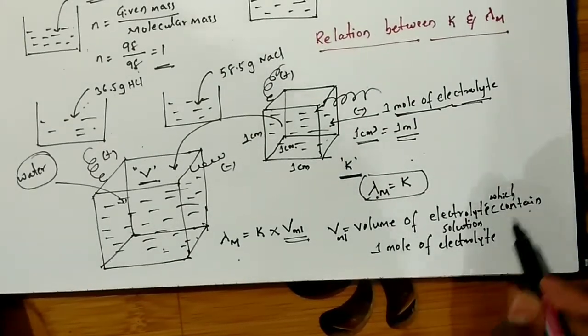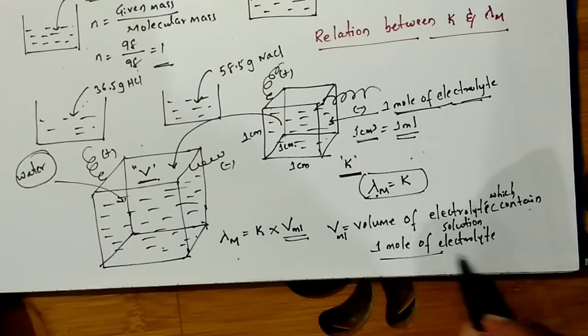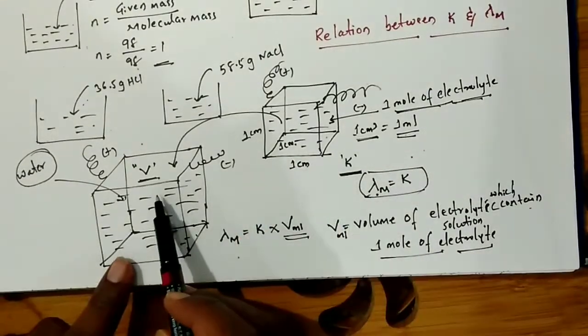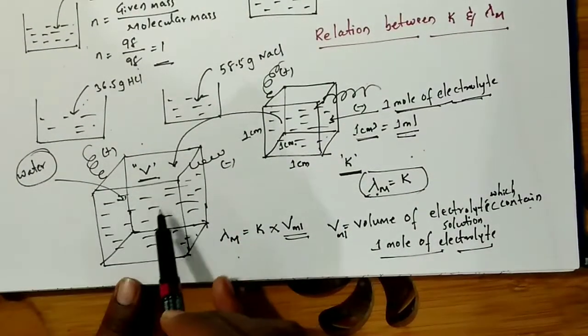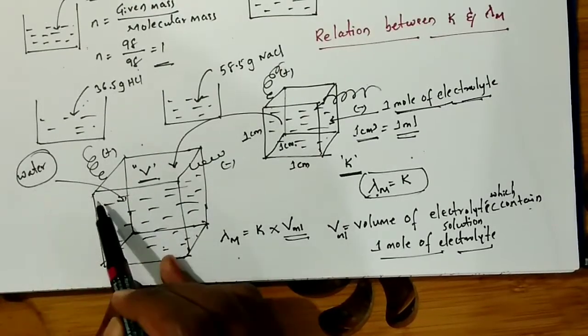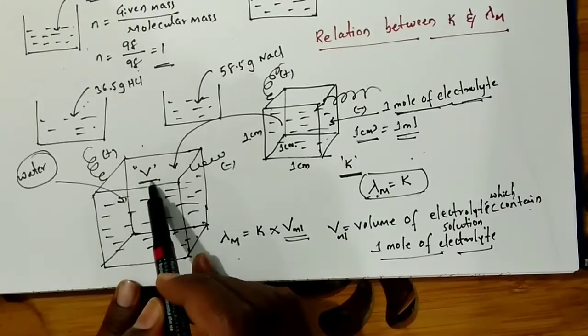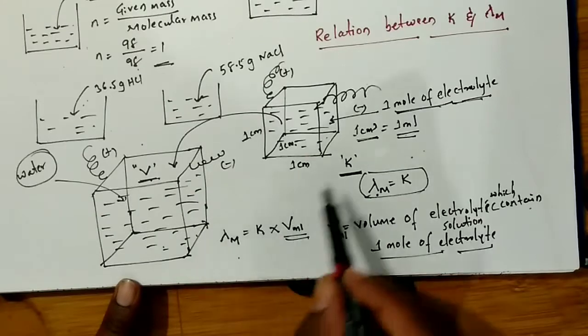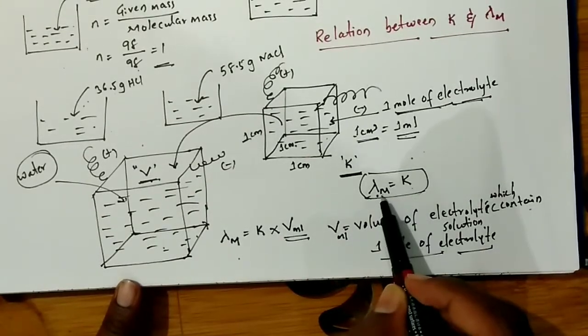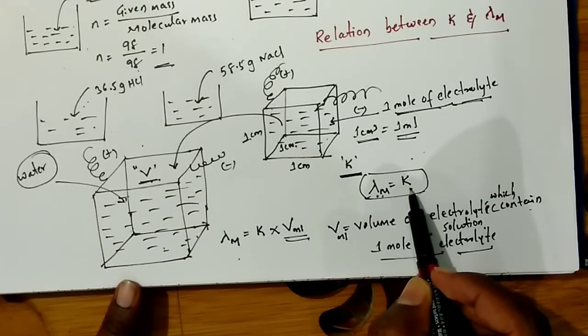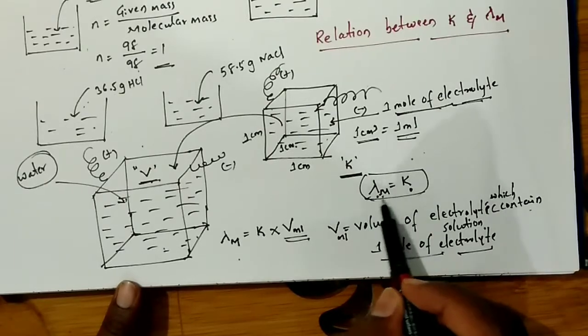Volume of electrolyte which contains 1 mole of electrolyte. Here 1 mole, here 1 mole. But the only difference is the volume increased on addition of water, the volume increased to V. So here molar conductance and specific conductance are same. Why is it molar conductance?